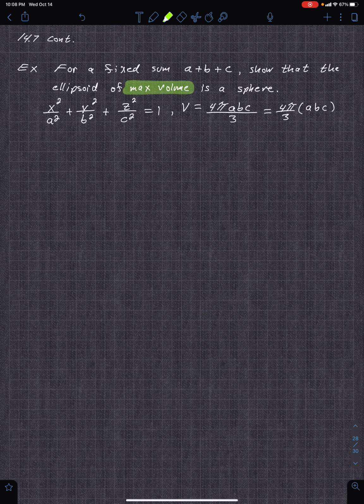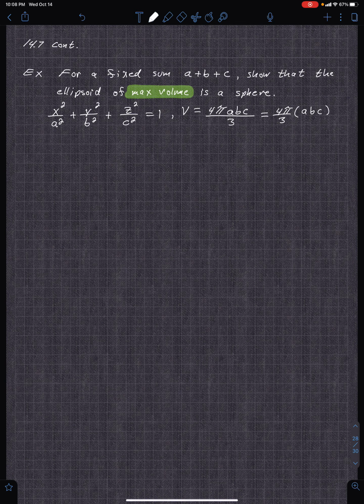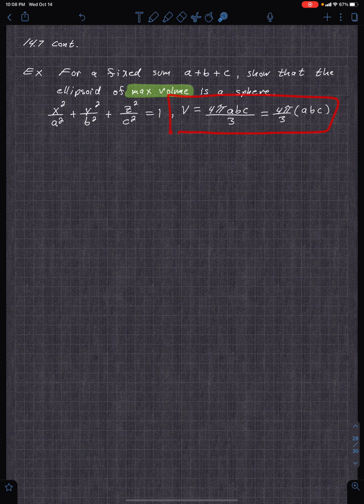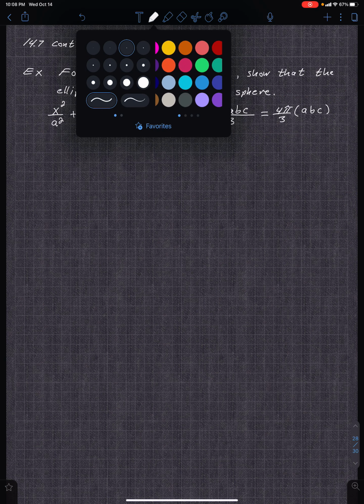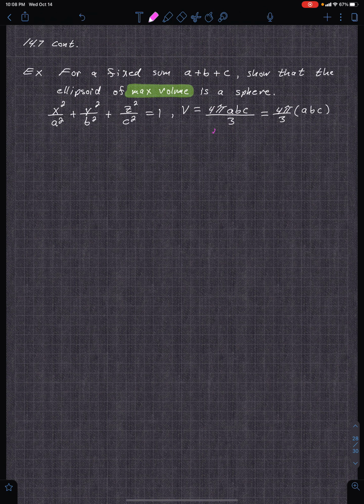So we need to find the maximum value of this function. This is what we want to maximize. Maximize is a word, it just doesn't have much meaning here, but we want to maximize V of x, y, z.